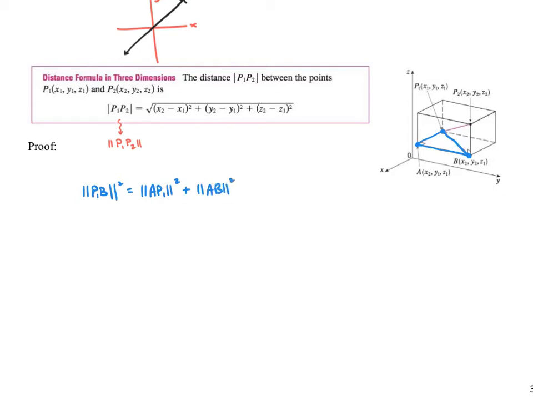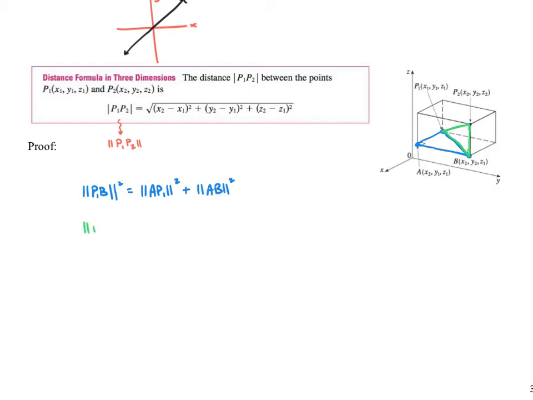All right, so then I'm going to look at another triangle here. So we're going to look at the triangle P1 to P2 and P2 to B, and then P1 to B. So we're going to look at this triangle over here. What we're doing is just breaking this all down into space. And we're going to use the Pythagorean theorem.